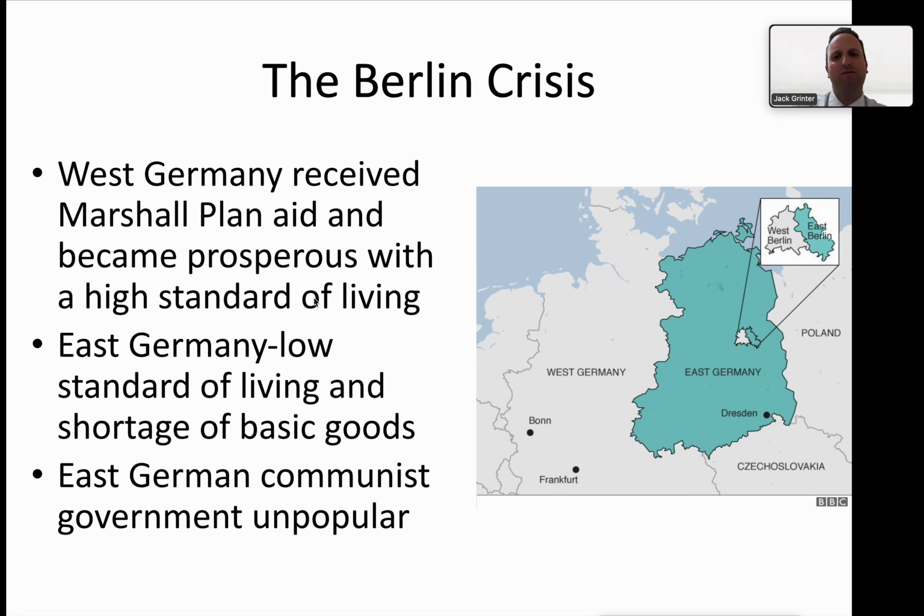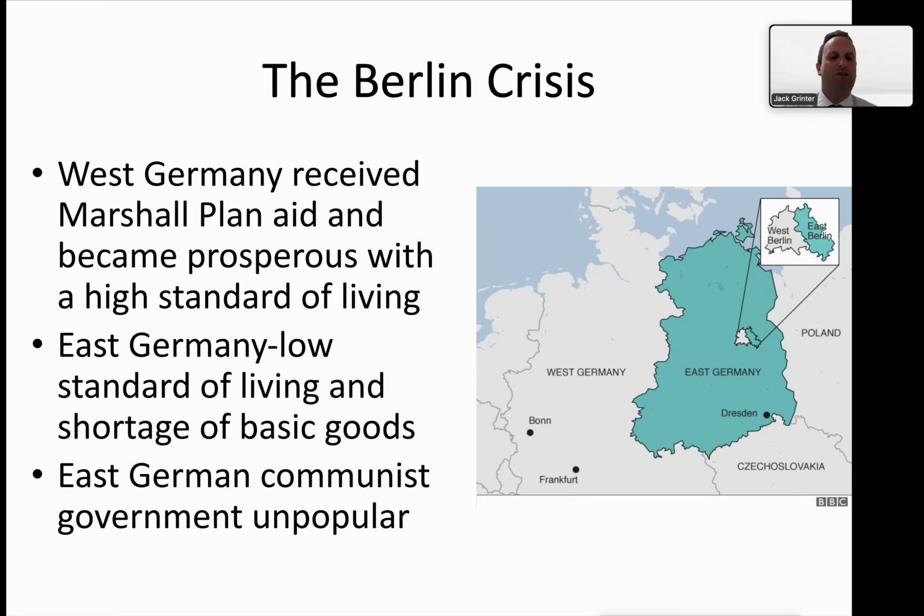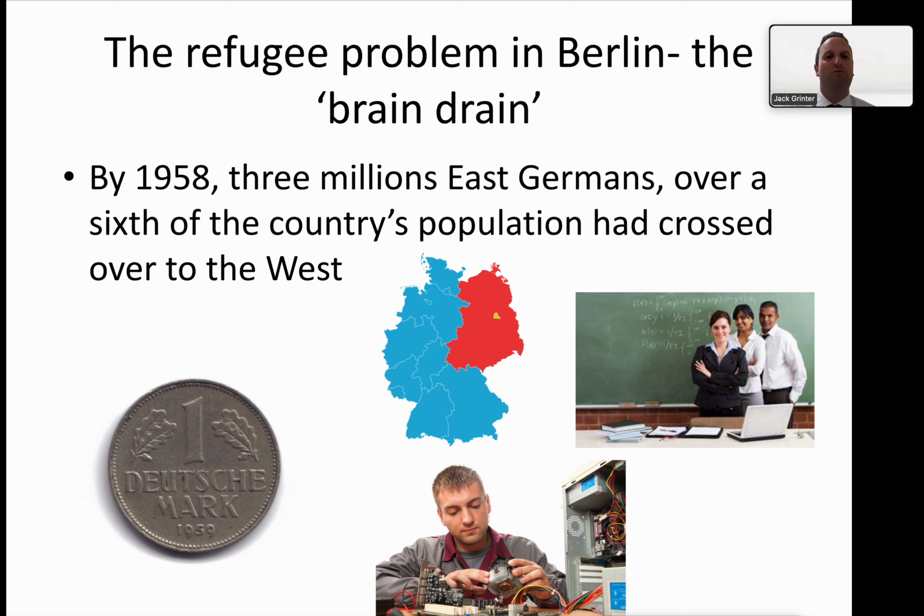So this was a real problem for Nikita Khrushchev, the Soviet Union leader, because it was a place in the world where people had a choice between, do they want to live in a communist country, East Germany, or do they want to live in a capitalist country, West Germany? And essentially what was happening was millions were leaving.